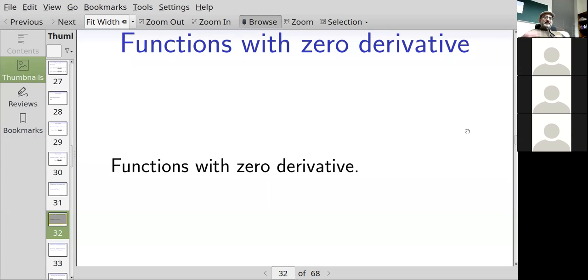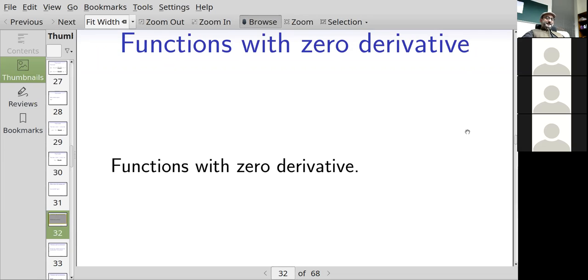Constant functions, right? So the only functions we've seen so far which would give us 0 everywhere over an interval are functions which are constant over that interval.